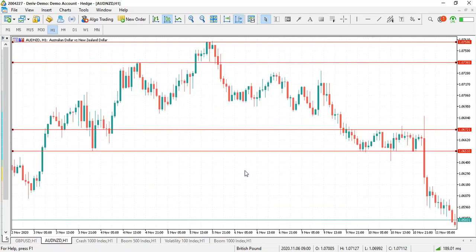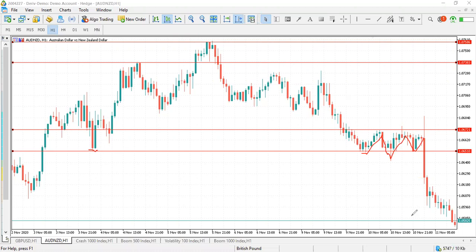So we have this low. Price actually came there. You can see this, right? You can see this, and that's the drop. That's a very nice one there. See, price created this high.